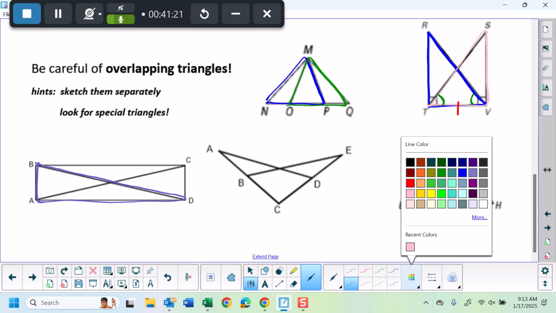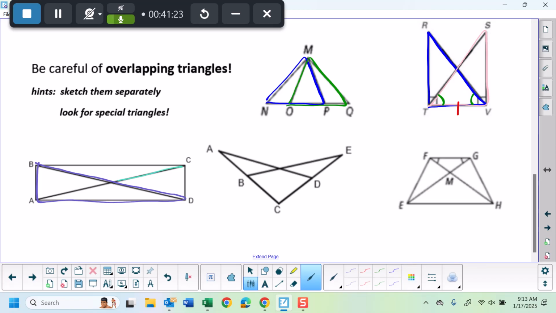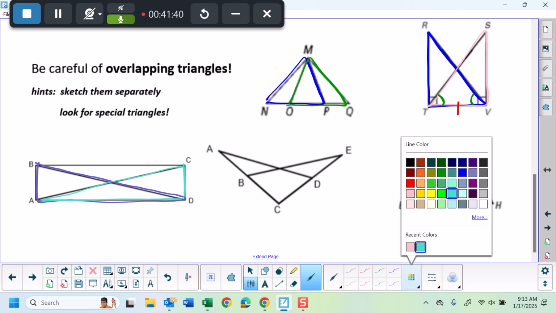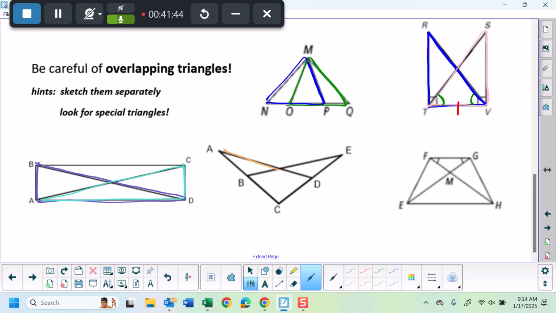So we have to be careful when we read our given to make sure that we're not assuming which triangles they're talking about, because each diagram comes with a whole host of different options. In this diagram, whether you're talking about these two little triangles or these overlapping triangles, is always an interesting conversation.